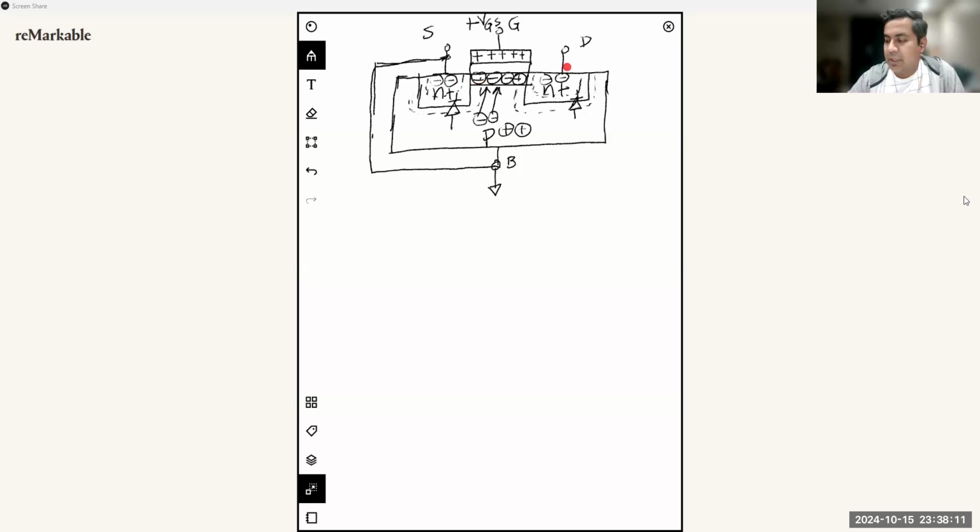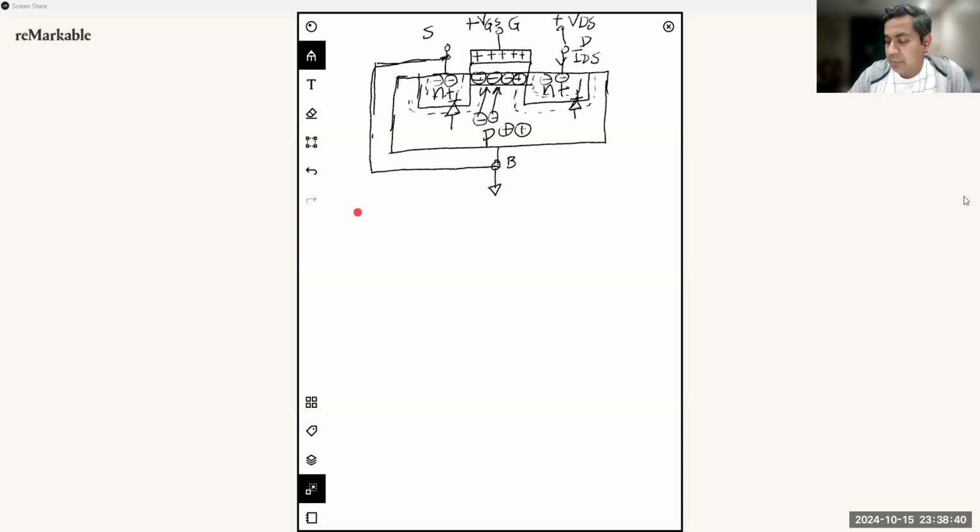Then if you apply a positive voltage between the drain and the source terminal, you can see a current flow, IDS, that flows from drain to source, and the electrons will flow from source to drain. So that is basically the overall operation of these devices.